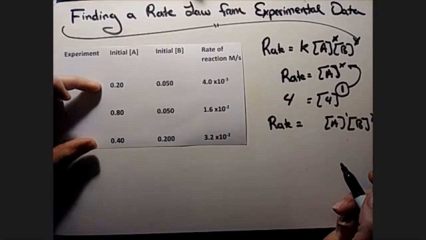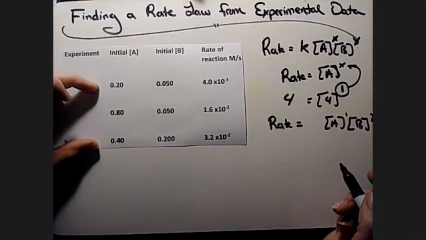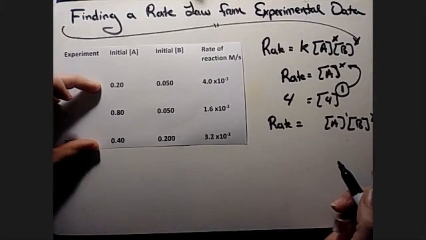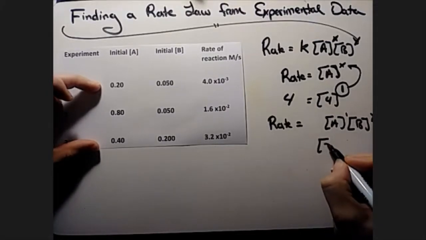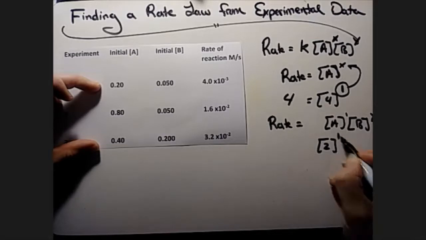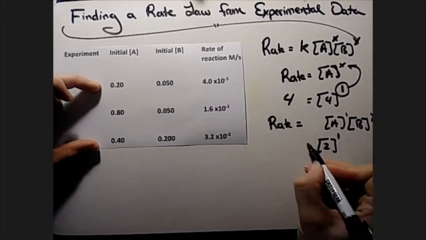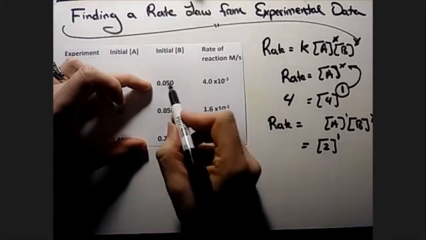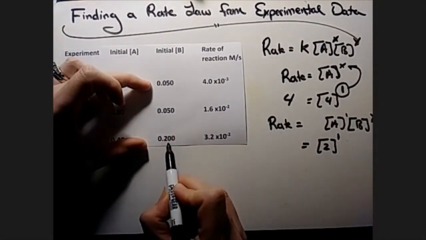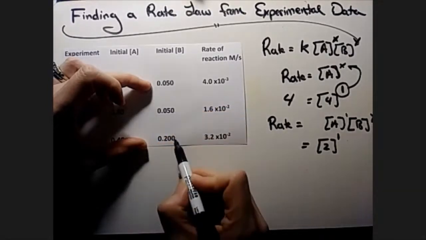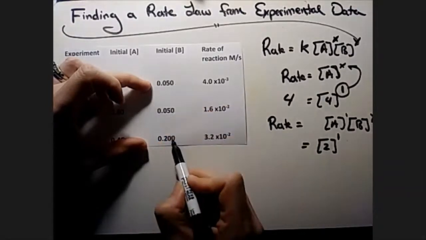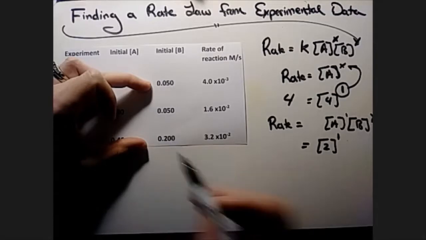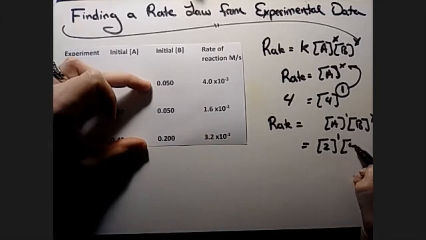Now, what I have done to my overall concentration is it looks like I have multiplied my concentration of A times a factor of 2. So I'm going to go ahead and put that in for my A, 2 to the first. Okay, well, let's look at what we did to B. 0.05, how do I get to 0.2? Well, it looks like I need to quadruple my concentration to get it to 0.2. So I'm multiplying my concentration of B by 4, to the unknown exponent.